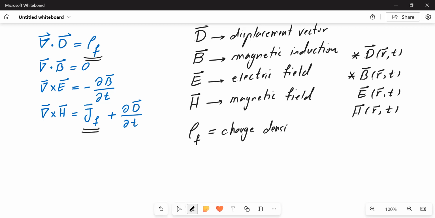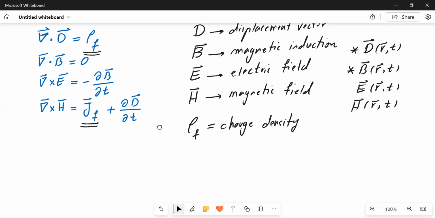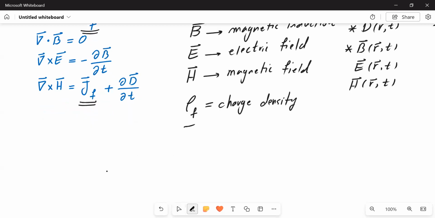It's the electronic charge density. And this little subscript F we put to indicate that we're not talking about bound charges, we're talking about free charges. And the J in the fourth equation is a vector which we call the electric current density. Again, that F stands for free. It's a free current density. I'm not talking about bound currents.